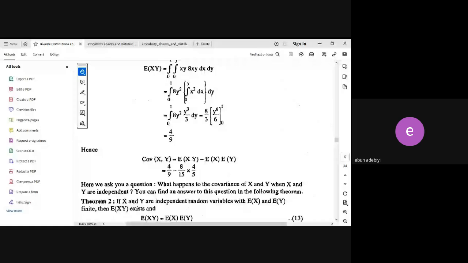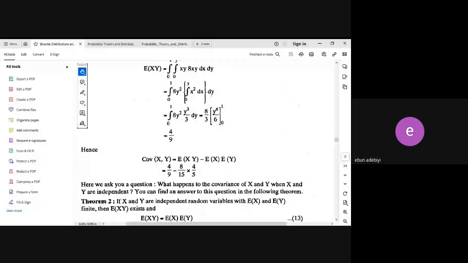Why are we still integrating over x here? We were integrating what was in the bracket first. Then we substitute b minus a. Our b is y, our a is 0. That's the limit.